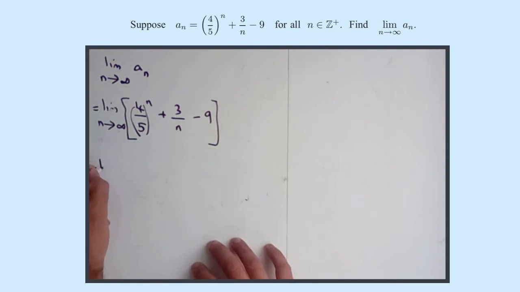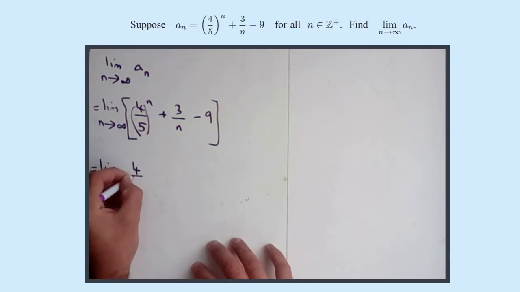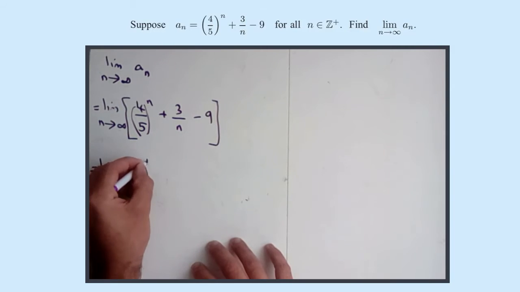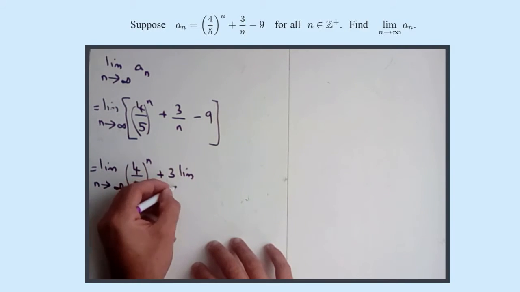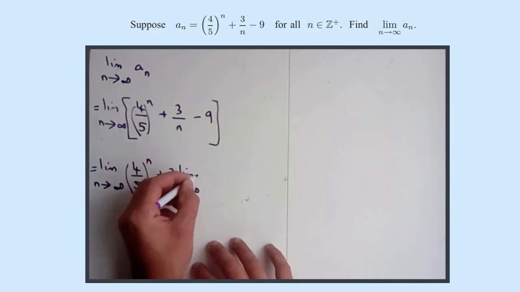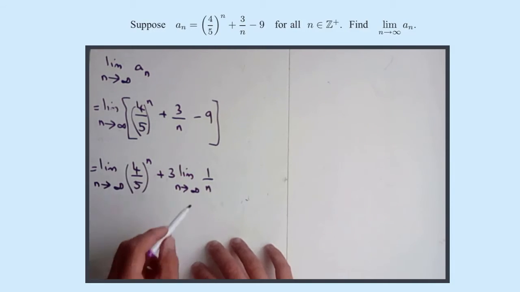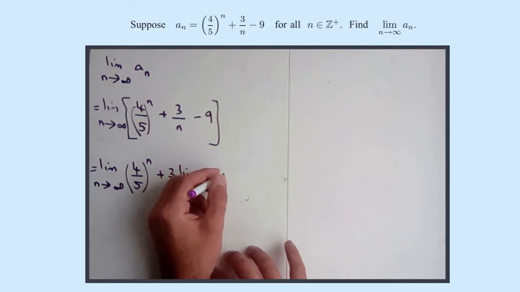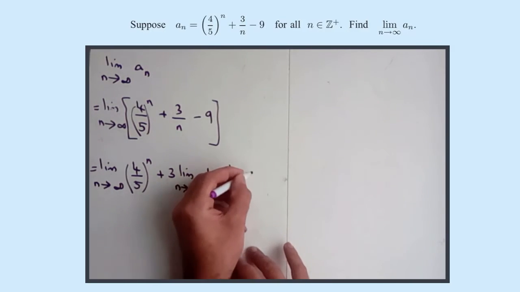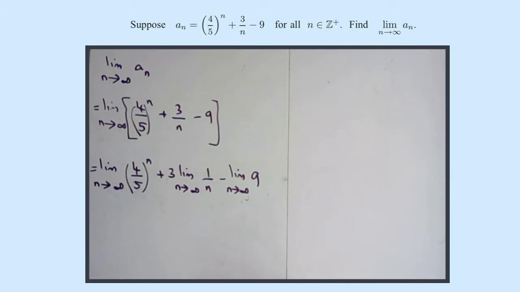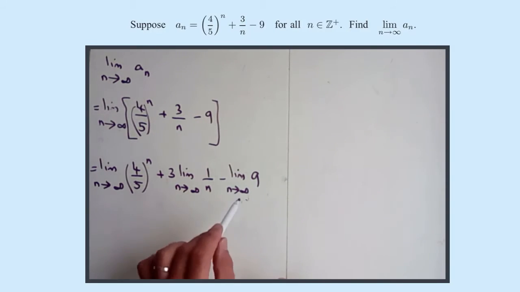So now this equals the limit as n approaches infinity of (4/5)^n plus 3 times the limit as n approaches infinity of 1/n, minus the limit as n approaches infinity of 9. You should know that the limit as n approaches infinity of 9 will just be 9.